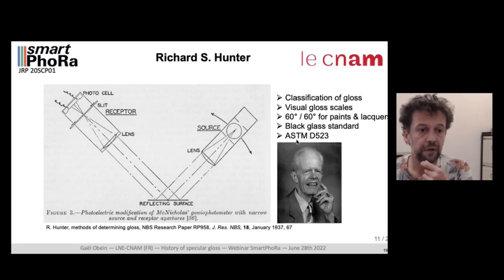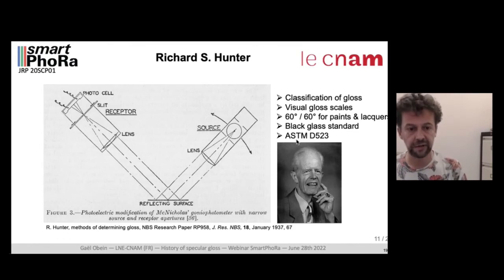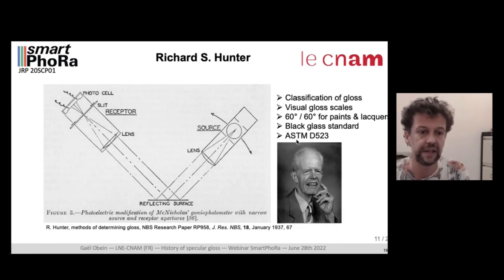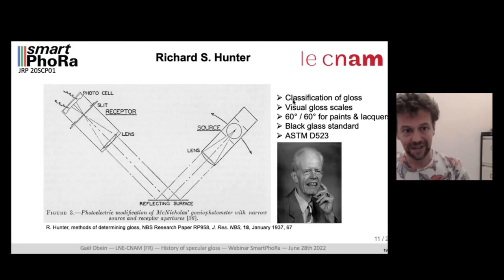The approach of Hunter is really interesting because he is a metrologist, but he also spent a lot of time doing psychophysical studies, evaluating the visual sensation, but always with a look of metrology. So trying to put scales, trying to put uncertainty on the scales. And this is a very interesting approach, an approach that I really support in my work today.